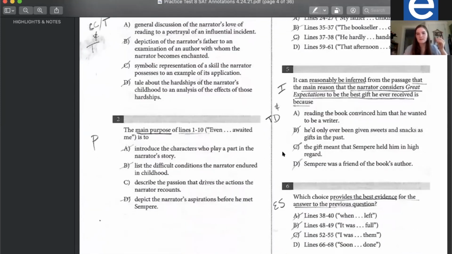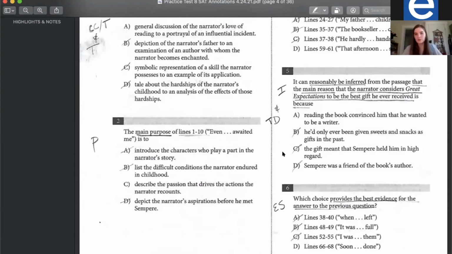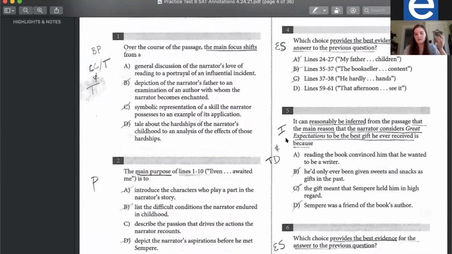So those types of things, once you code your questions, you want to go back and address them in the order that's best for you, which is the one I had just gone over with the coding, starting with detail questions, moving on to things like inferencing.